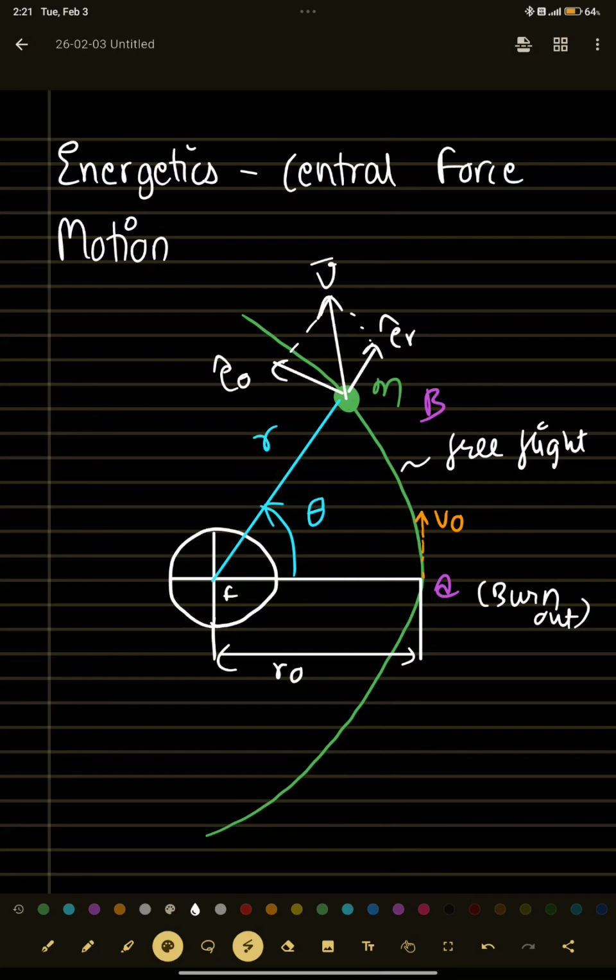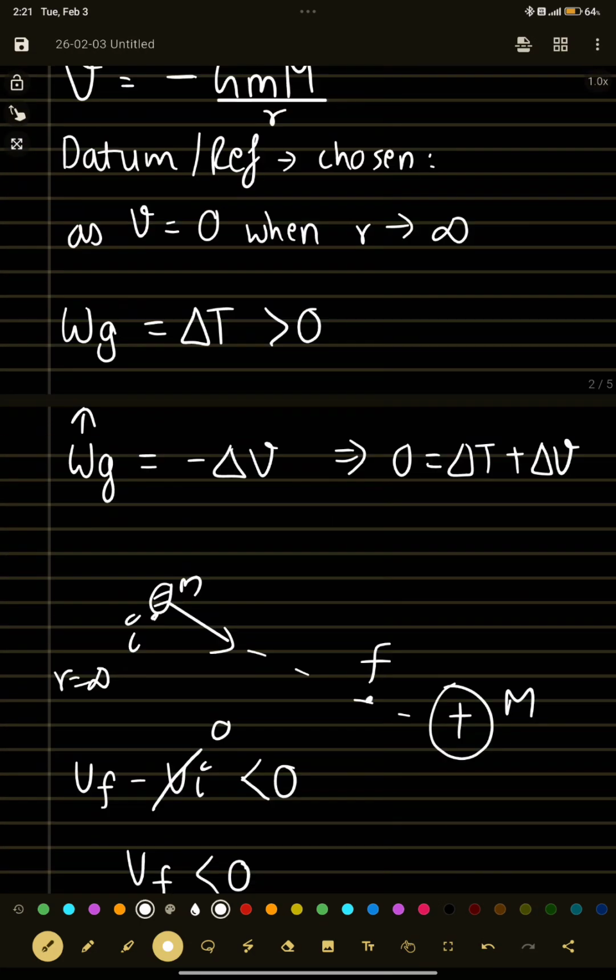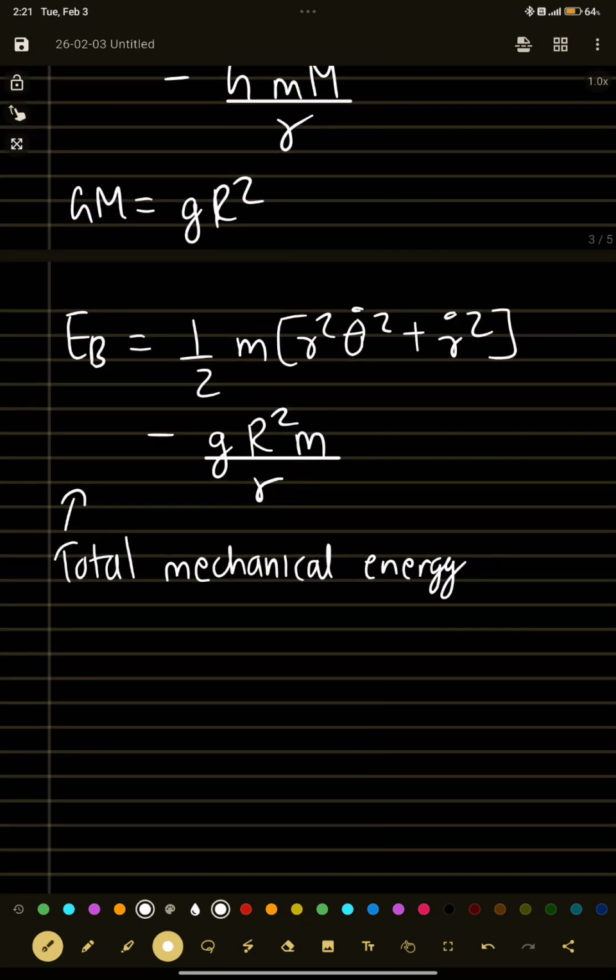So from A to B you have conservation of mechanical energy. Since it is a free flight, E at A should be equal to E at B. Whatever is the EB, that should be equal to EA.